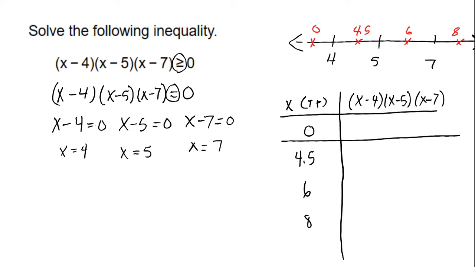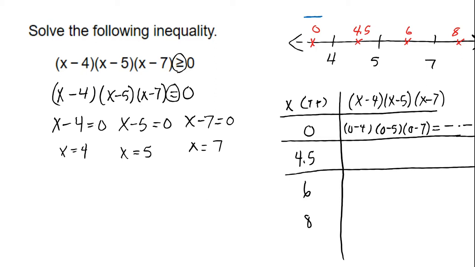So for the first test point of 0, we would have 0 minus 4 times 0 minus 5 times 0 minus 7. And that would be a negative times a negative times a negative, which is a negative.